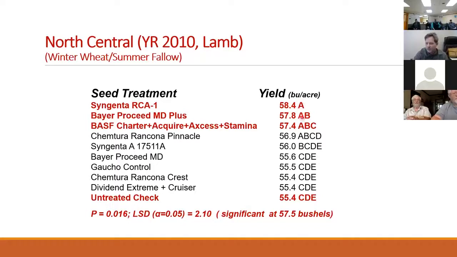All of these products are between 2 and 4 bushels gain in yield per acre. So I usually say the break-even point is 2 bushels for seed treatments in winter wheat.